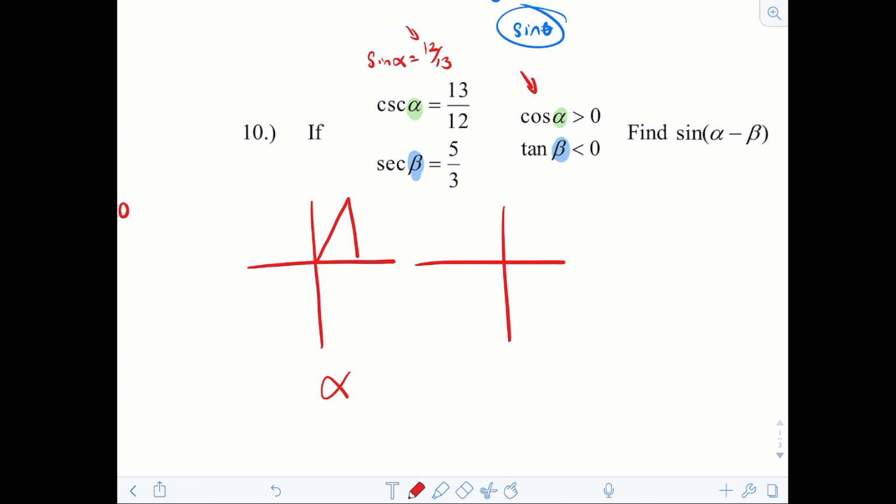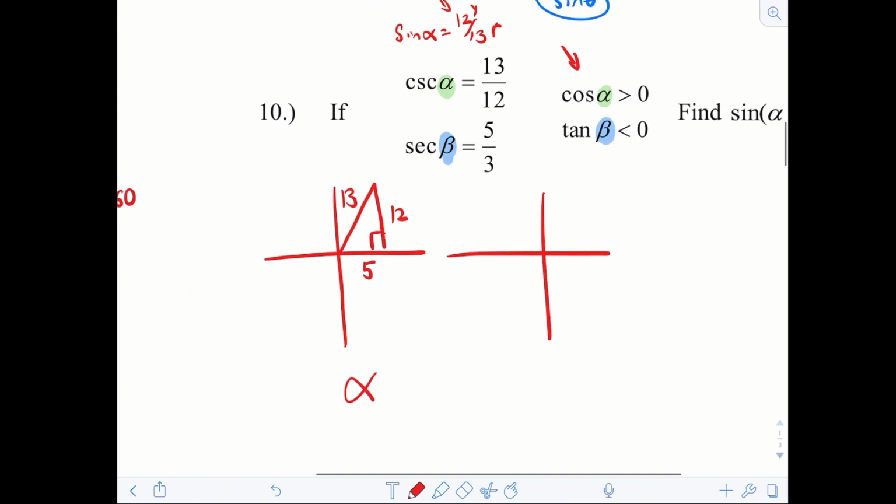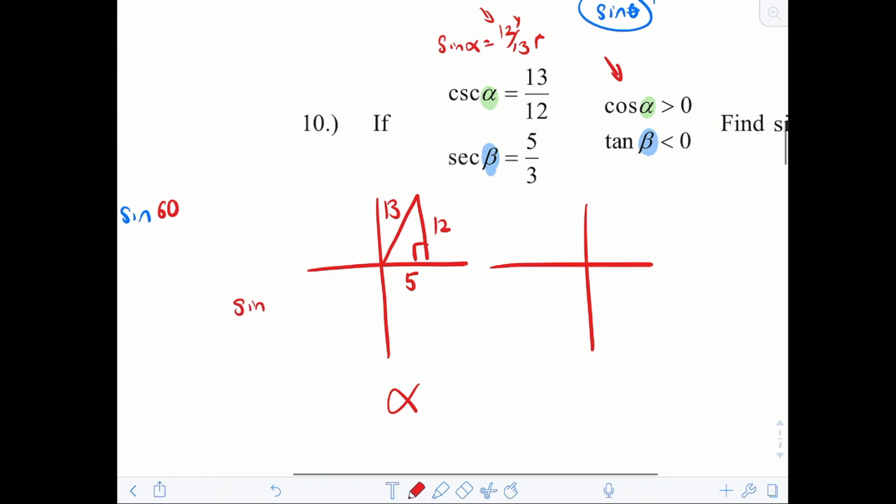The y value, because remember sine is y over r, is going to be 12 here. This is going to be 13. And then one of our special right triangles, this is going to lead with 5. So 5, 12, 13. So we're going to say sine of alpha is going to be 12 over 13. We're going to say cosine of alpha is going to be 5 over 13. And those are the things that I need for this problem.